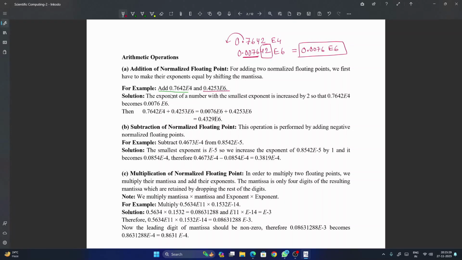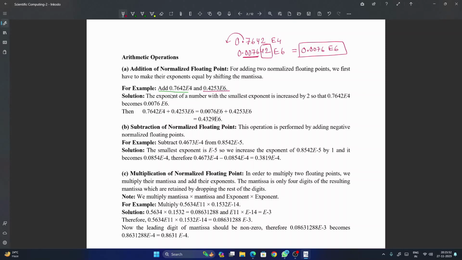If your machine can hold more digits in the mantissa, then your error will be less, but otherwise it will cut like this, because it can only take these 4 digits, so it will truncate the numbers after the 6 and only take 0.0076.